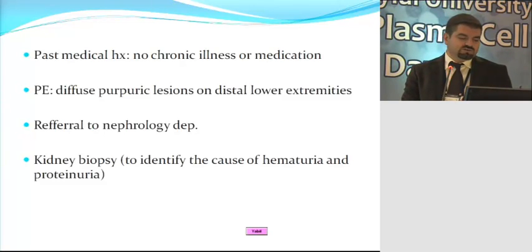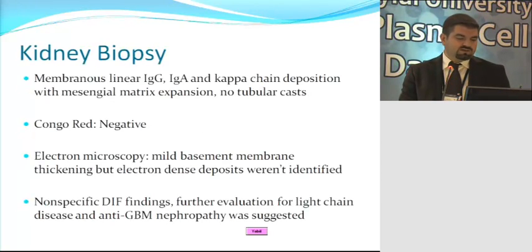Physical examination revealed diffuse purpuric lesions on the distal lower extremities, and he was referred to the nephrology department because of the mild proteinuria and microscopic hematuria. The nephrologists applied a kidney biopsy to identify the cause. The kidney biopsy revealed membranous linear IgG, IgA, and kappa chain deposition with mesangial matrix expansion.